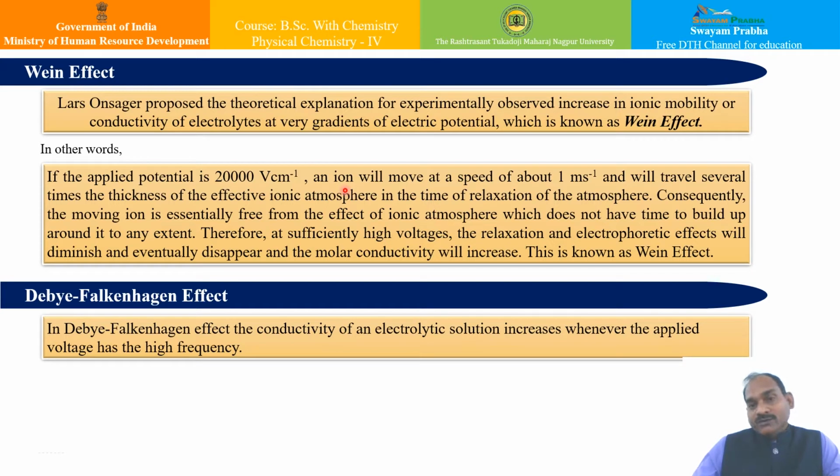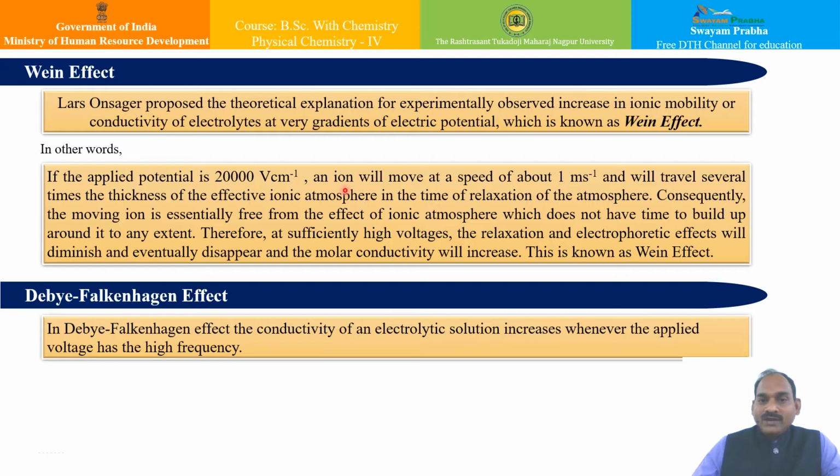This is due to the fact that a finite time, what we can call the relaxation time, is required for the ionic atmosphere to form around an ion, isn't it? It is quite obvious that once the ion atmosphere is disturbed, it will take some time to develop another ionic atmosphere around the ion.